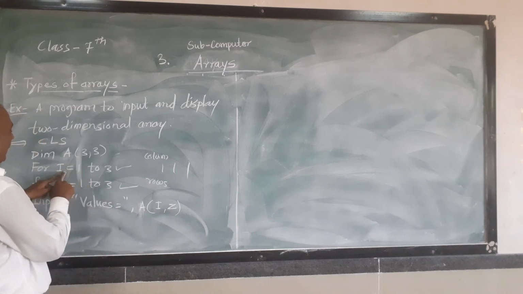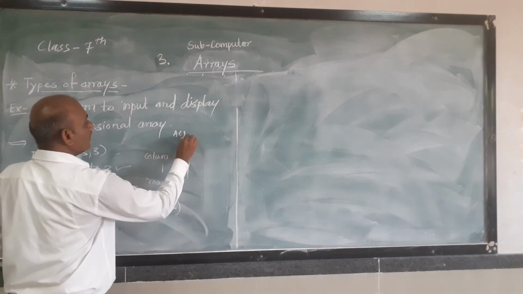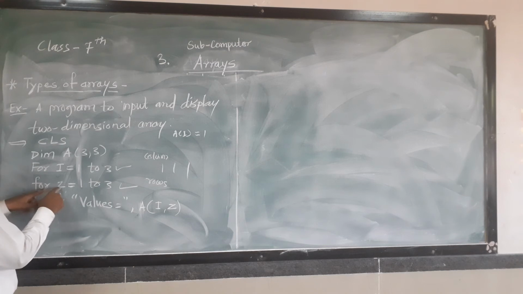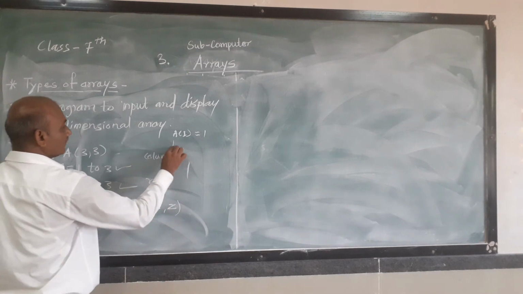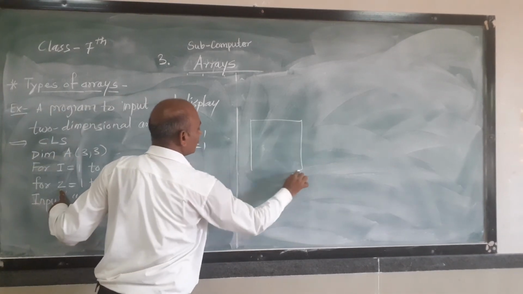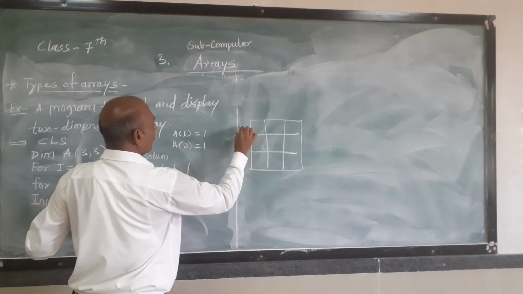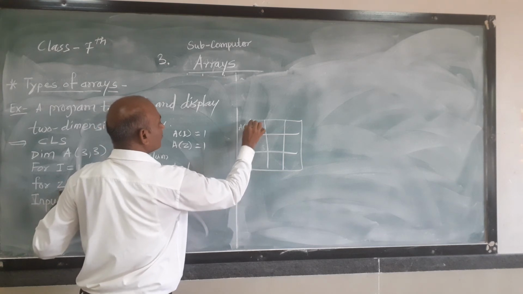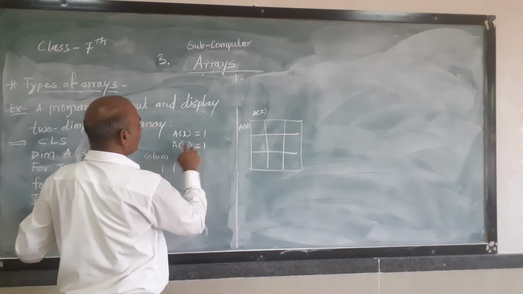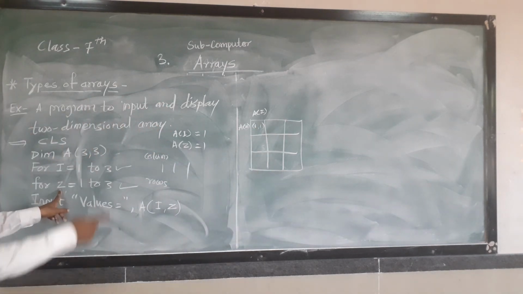So the first value I is equal to 1, the cursor goes to the second loop, Z is also 1, meaning A(1, 1). Okay, in this way.